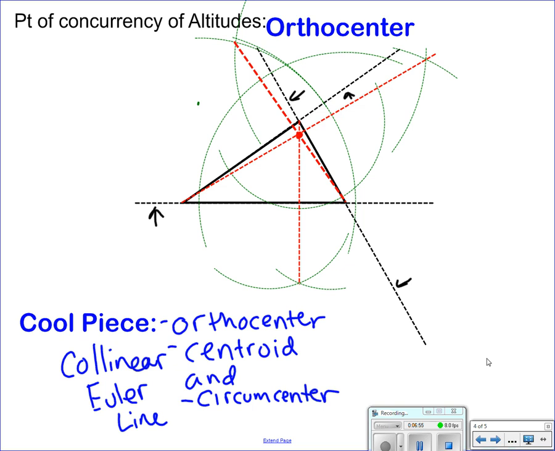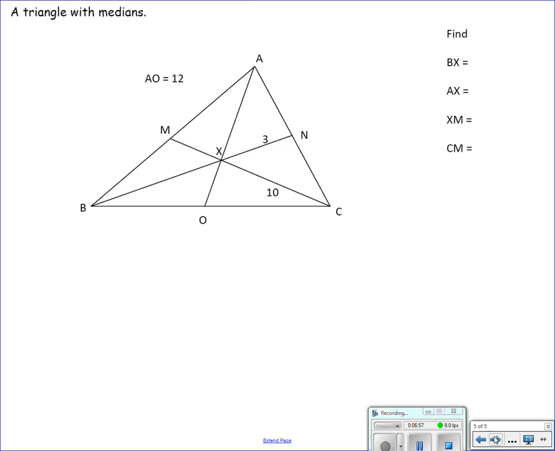So a mathematical example has to do with the medians. So our medians, each one of those are medians. AO, the entire segment, is 12. BX, I have to find BX. Well, okay. This is 1/3 the length of the whole segment.